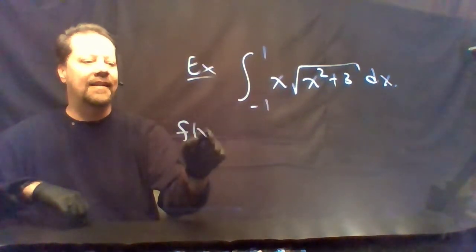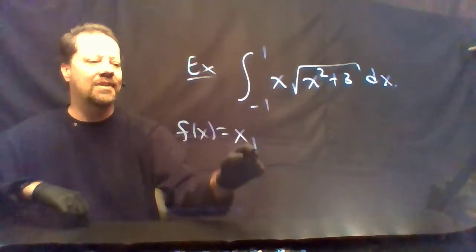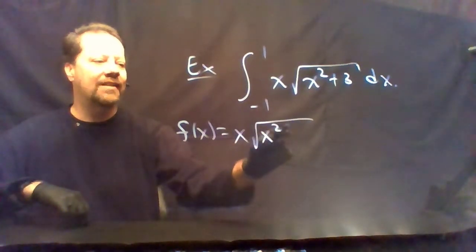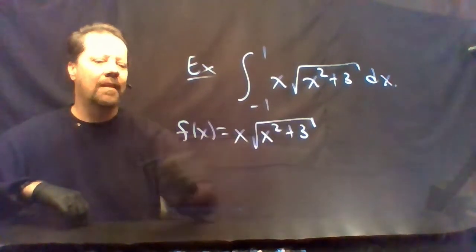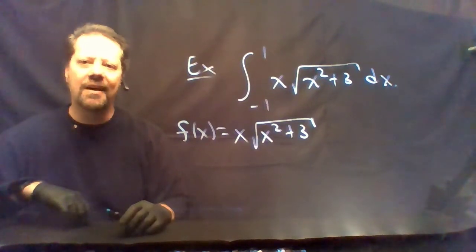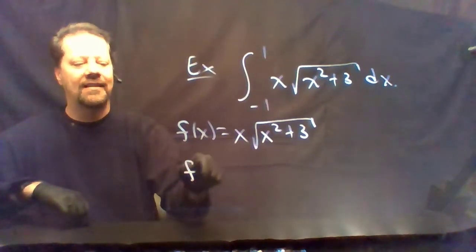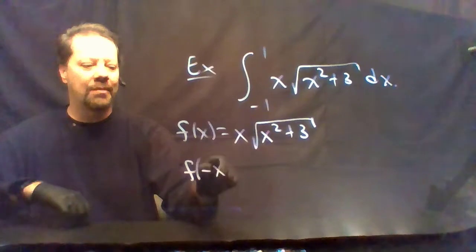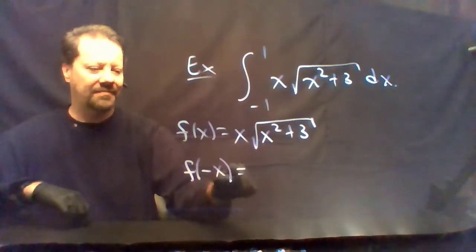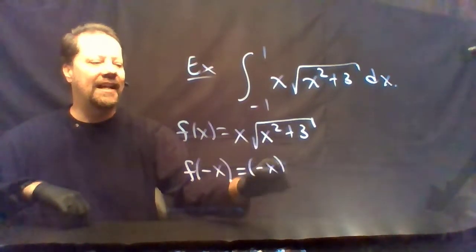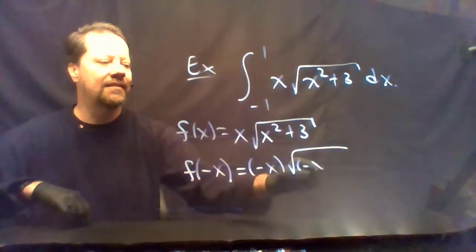Set f of x to be x times the square root of x squared plus 3. How do I know that this function is odd? After you see this example, you'll be able to do these in your head. We replace x by negative x everywhere in sight.